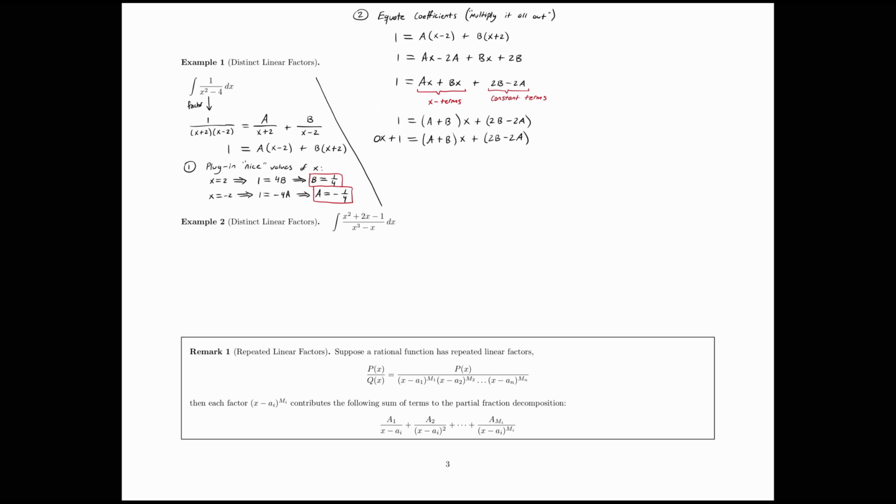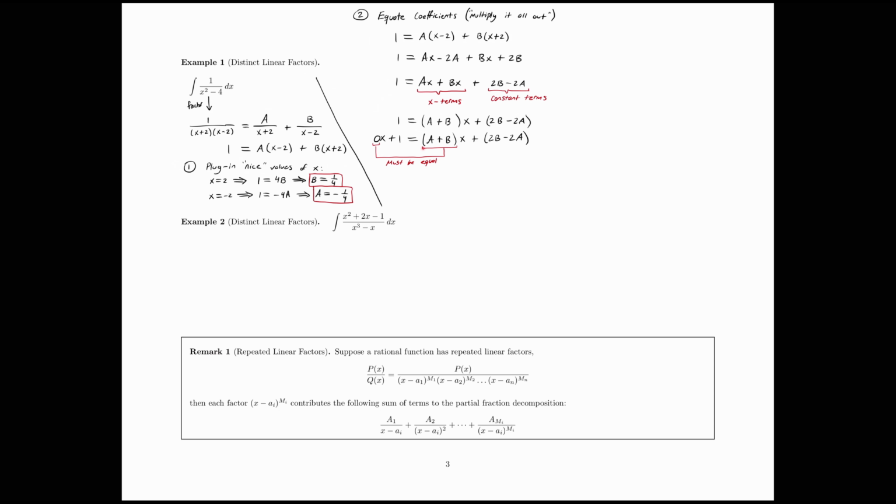Now we can see, lining things up, that there's a correspondence between 0 and a plus b, so they must be equal. Because this side doesn't have any x's, these two values must sum to 0.